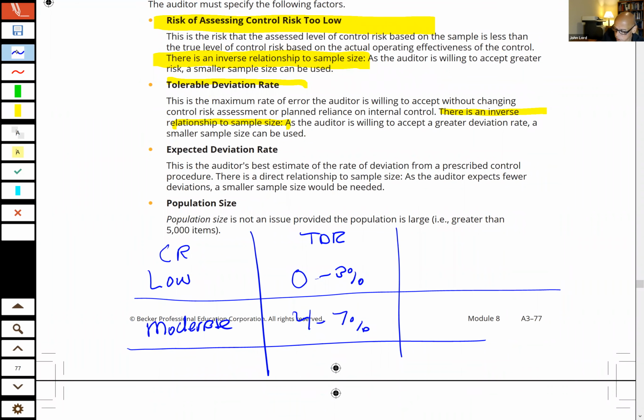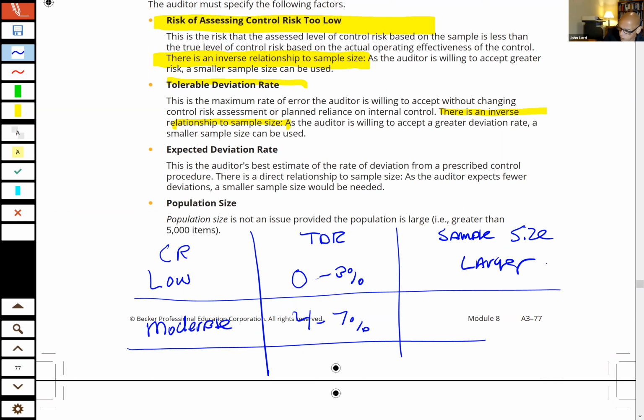So if my tolerable deviation rate is between 0 and 3, my sample size is going to be larger because I'm sitting there and I'm saying, this is an important control. I've assessed control risk at low. This is really important. So I want to really check it out because I'm not going to tolerate much deviation from that, right?